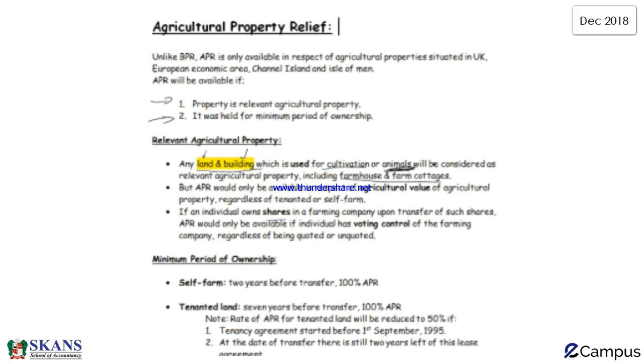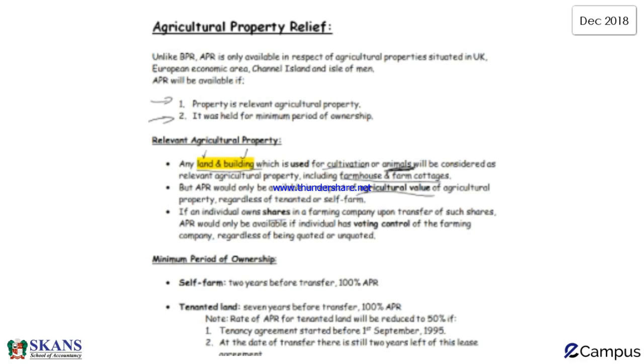But as we know, there are two values of every agricultural property. There is agricultural value and there is development value. Only the agricultural value would qualify for agricultural property relief, not the development value.